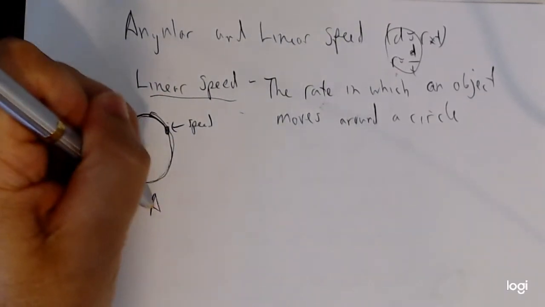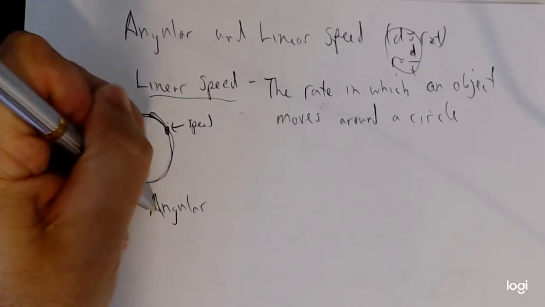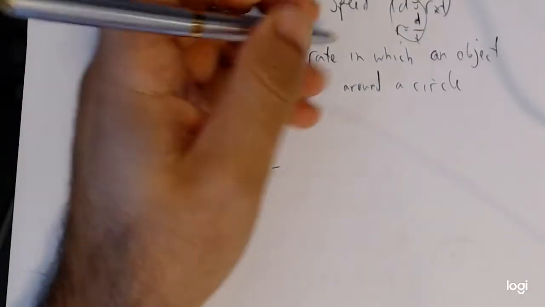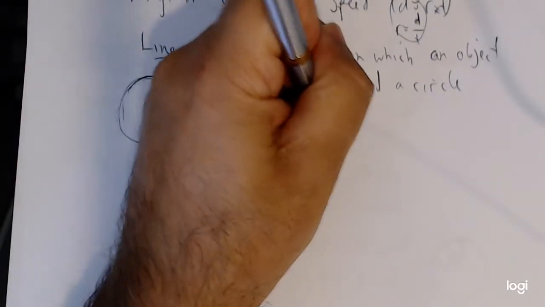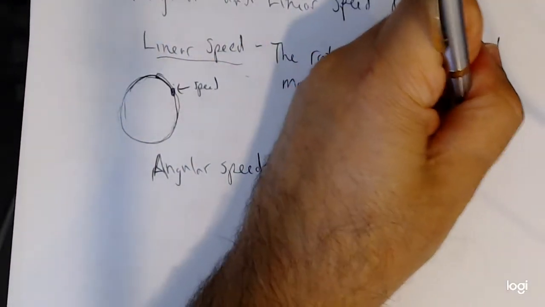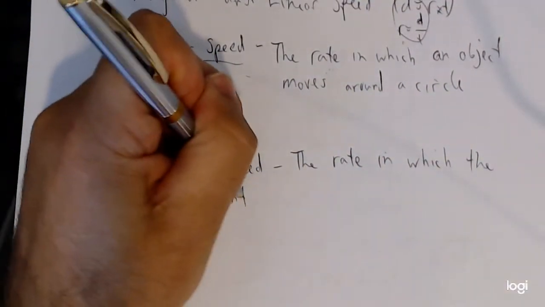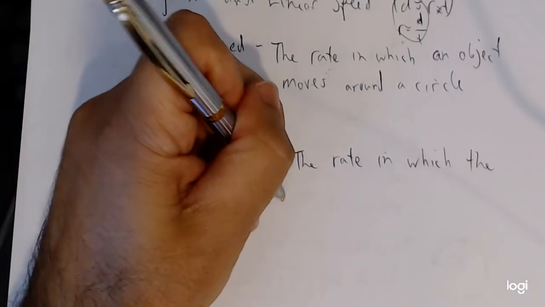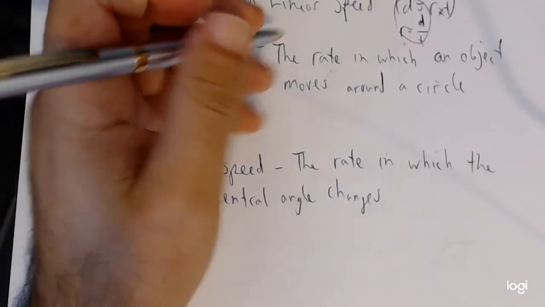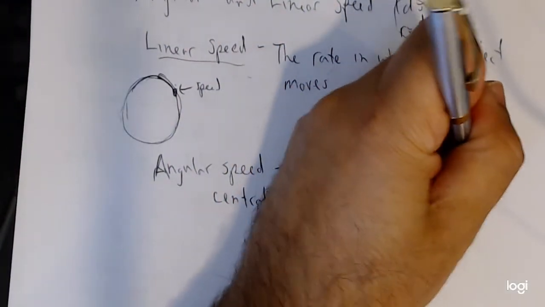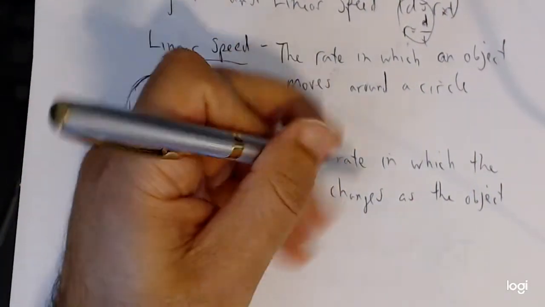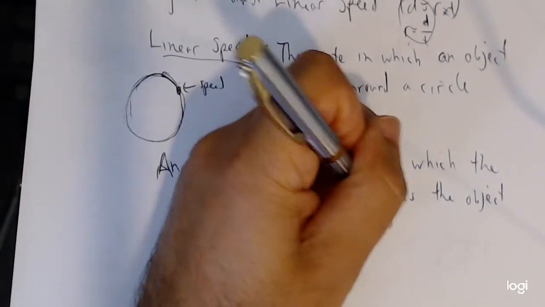Okay, so angular speed is defined as the rate in which the central angle changes as the object moves around a circle.